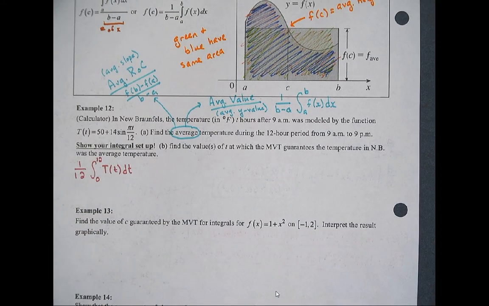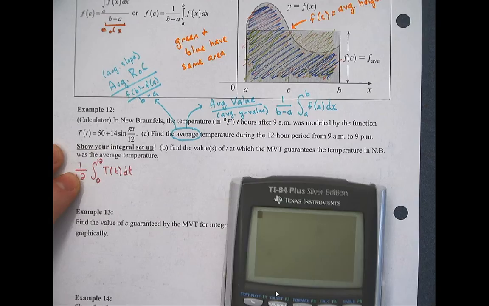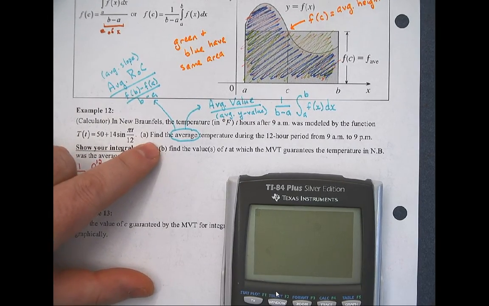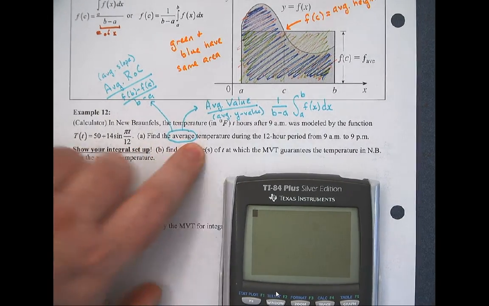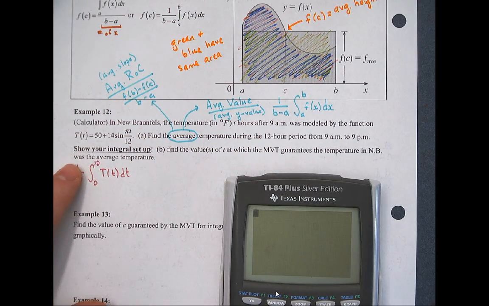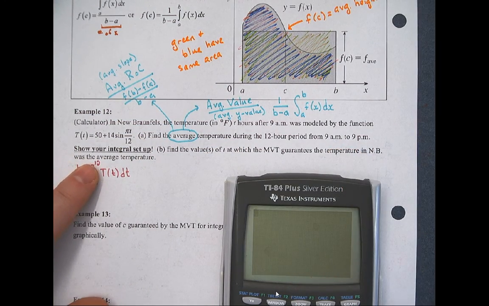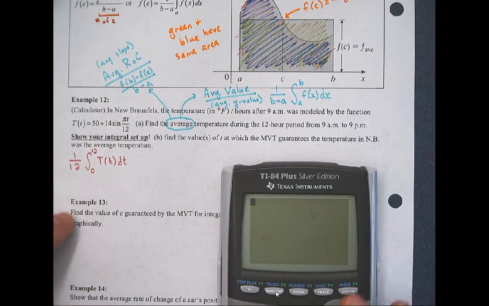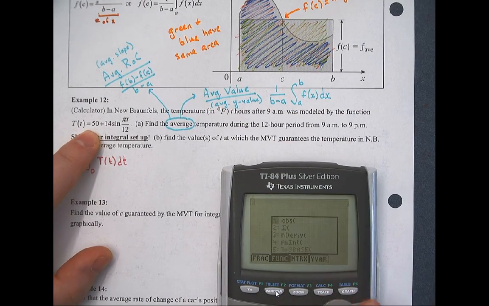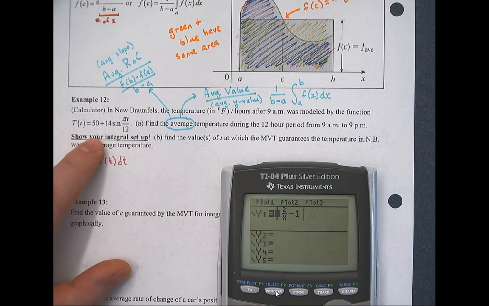Now, this is one that I would actually store, because I'm looking ahead, and it says find the values of t at which the MVT guarantees a temperature that's the same as the average temperature. So I'm going to need to graph this thing anyway. Instead of typing this into my integrator, I'm going to go into y equals, because I'm going to have to figure out where this graph reaches a certain height.